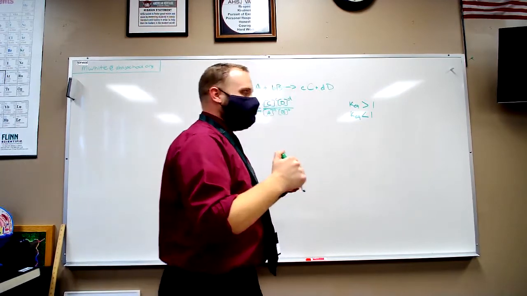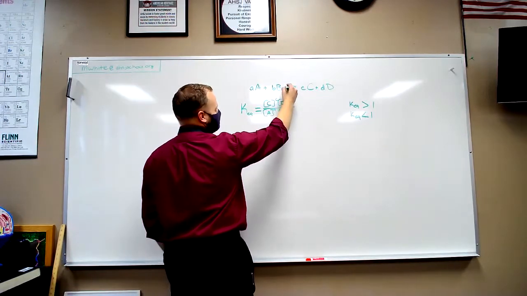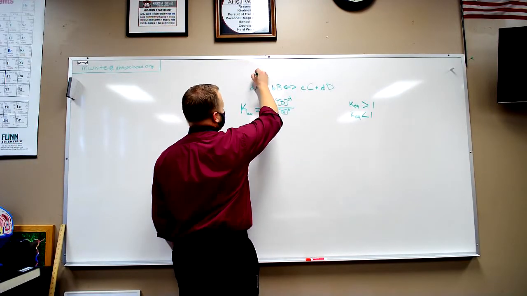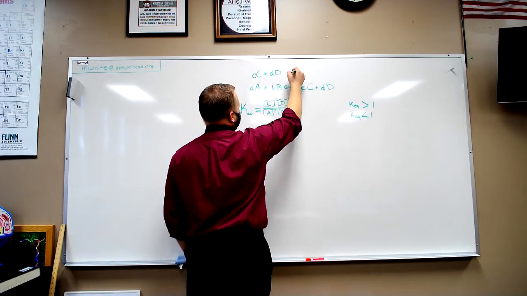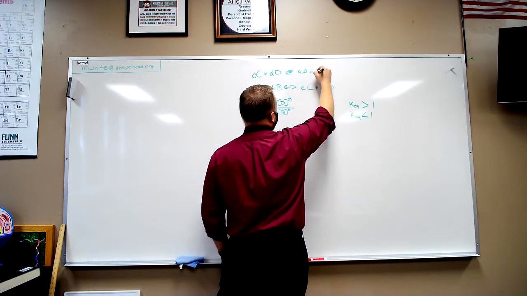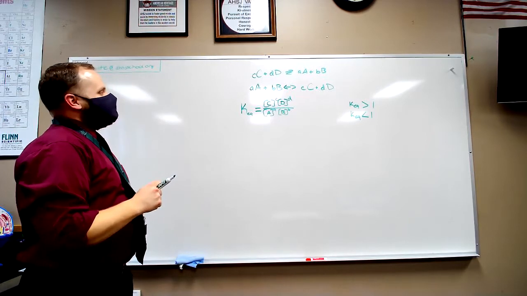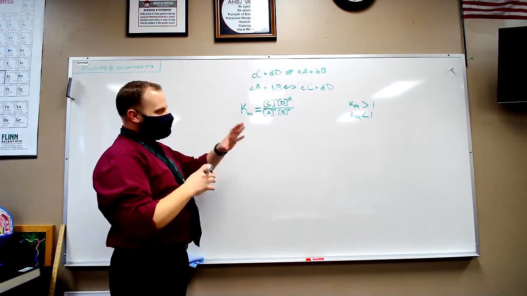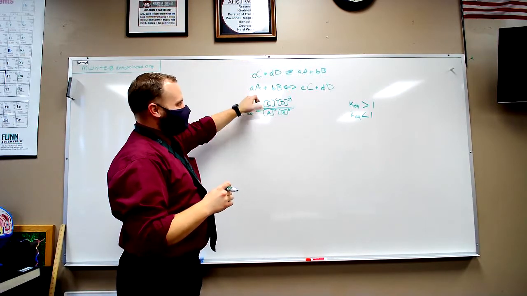Now, obviously, since this is a reversible reaction, we could write it like this. Okay. And obviously that's going to change our K value, because for this, we would flip it, right?